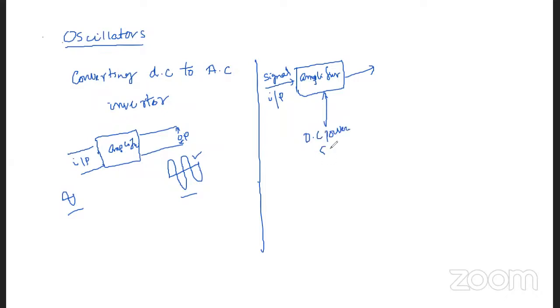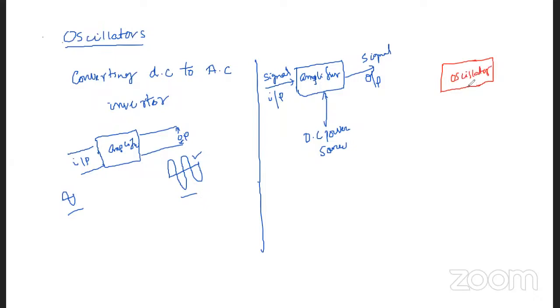The DC power source is connected to the amplifier, and you can expect the output signal, which we call the signal output here. So this is the case of the amplifier. Now suppose we consider an oscillator.